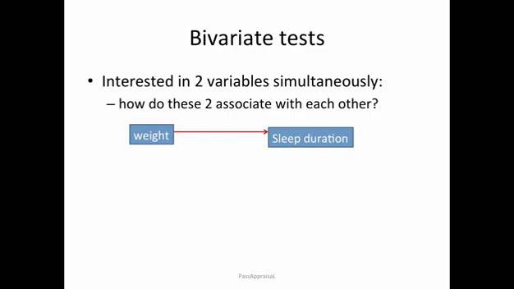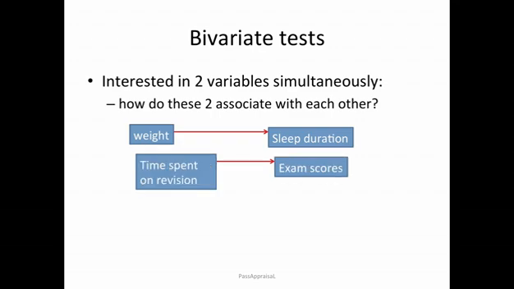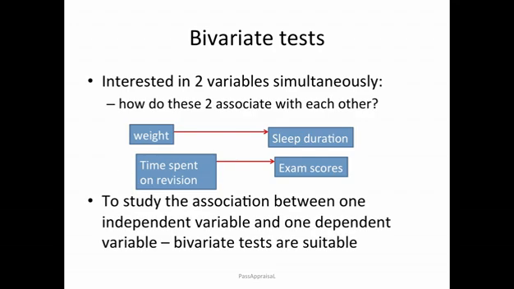For example, you may want to know whether weight is associated with total duration of sleep in infants. Or you may want to know whether revision time correlates with exam scores. To study the association between one independent variable and one dependent variable, bivariate tests are most suitable.